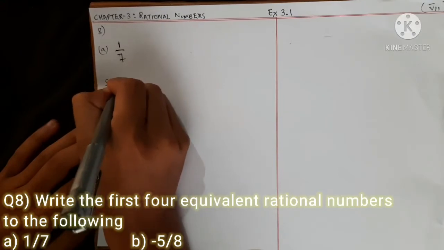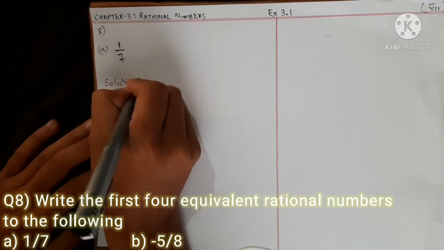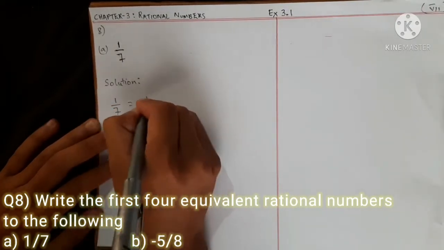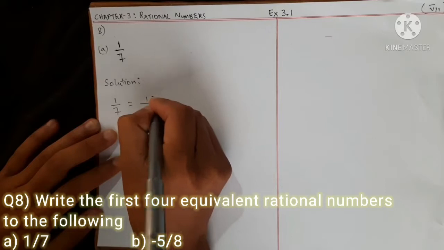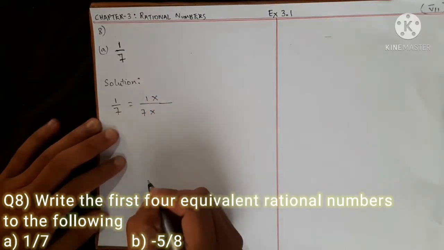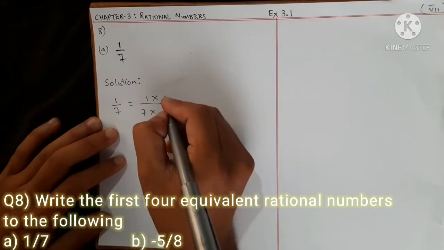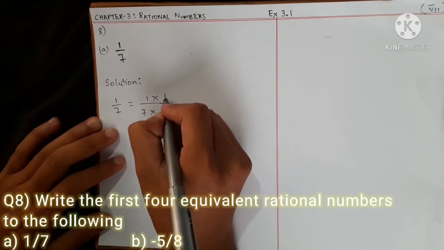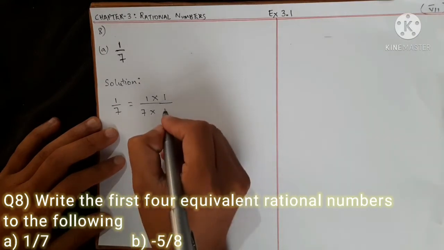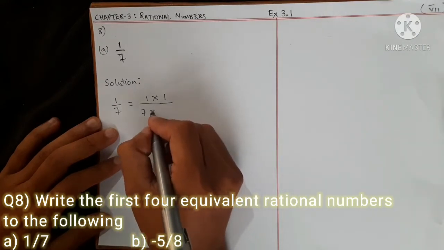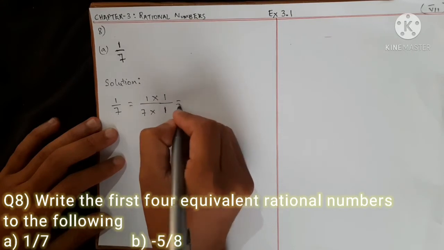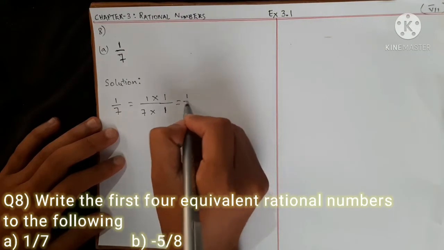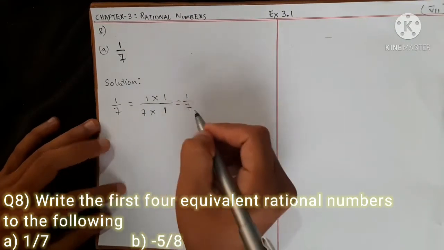Solution: 1 by 7 equals 1 by 7 multiplied by a number. When we multiply the numerator by a number, we have to multiply the denominator by the same number to balance them. So 1 into 1 equals 1, and 7 into 1 equals 7.